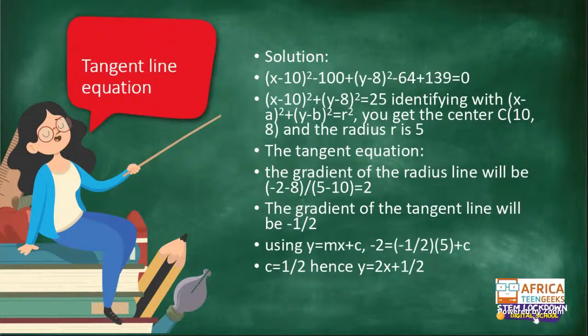All right, so the answer here for the tangent line is Y equal to negative half of X plus half. That's the correct answer. So you're going to have Y equal to negative half of X plus half.